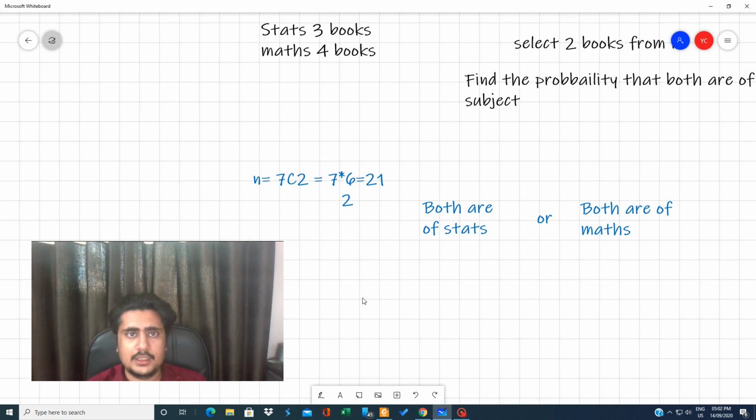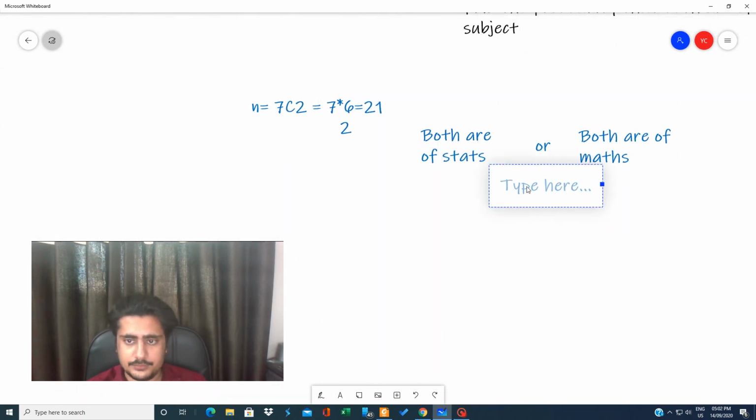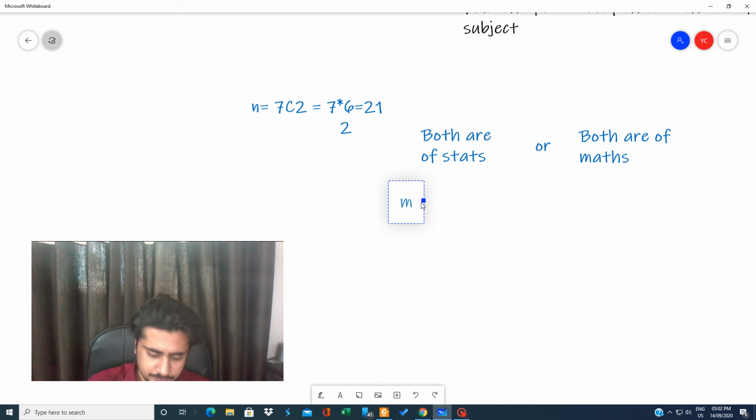Now there are three books of stats, so two books of stats is 3C2. Or both are of maths, 4C2.